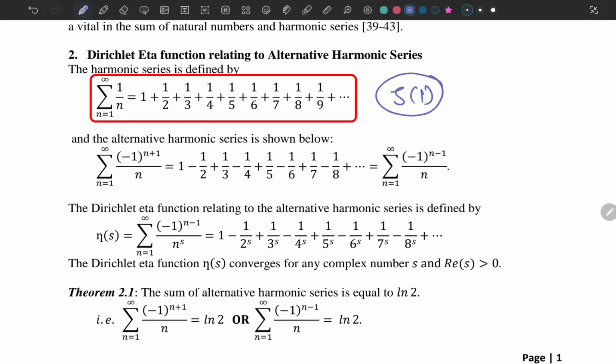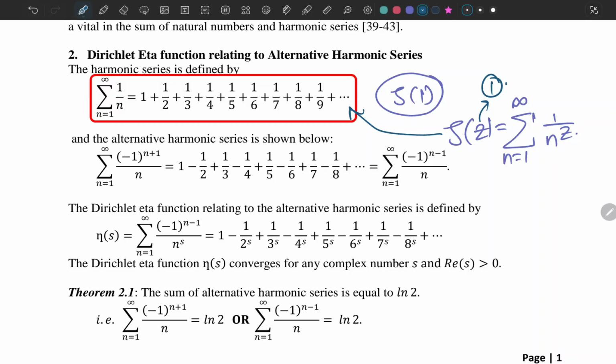The Riemann zeta of s is represented as the infinite series as n goes from 1 to infinity of 1 over n to the s. So when you replace s with 1, you have this harmonic series, and that series is known as the harmonic series.